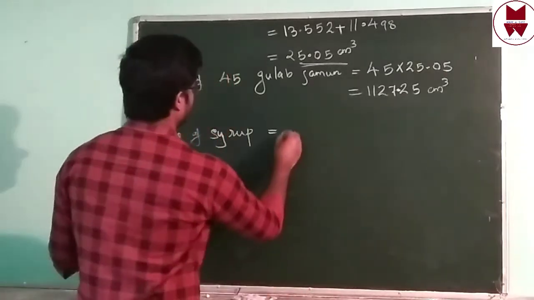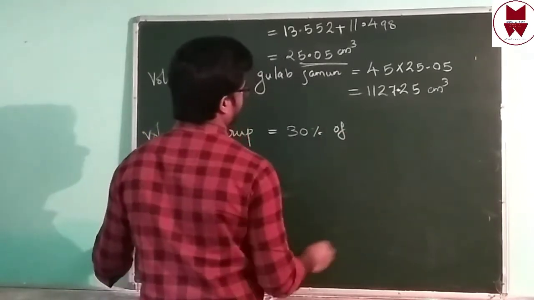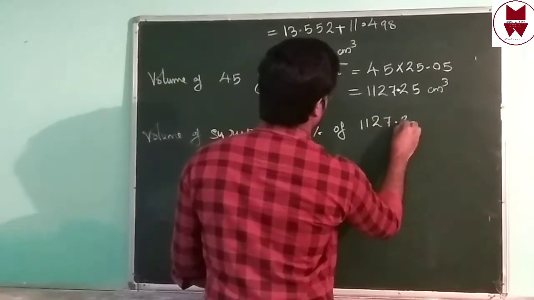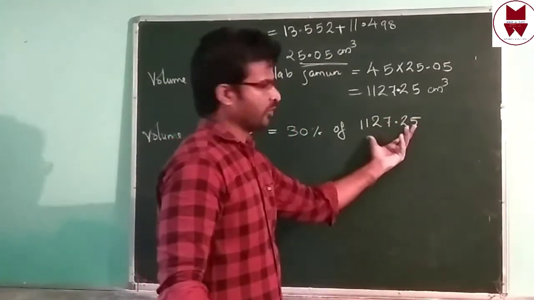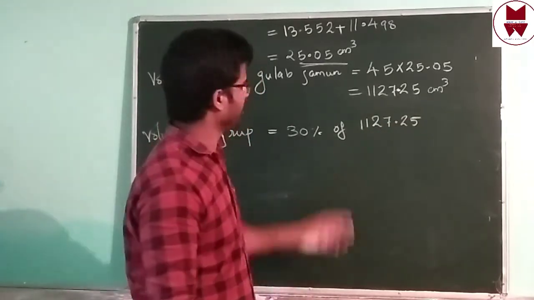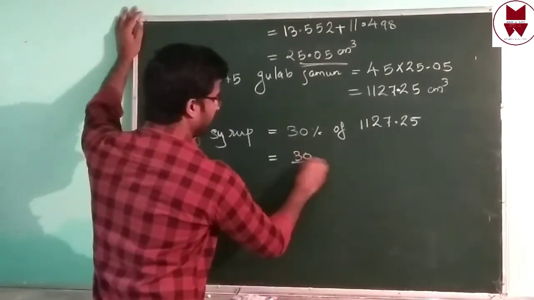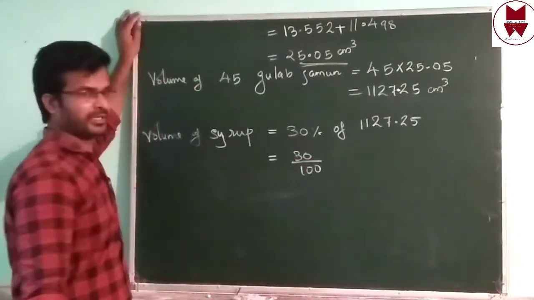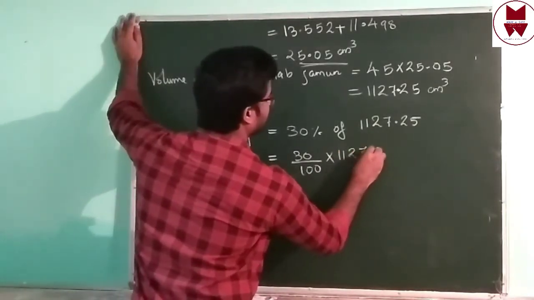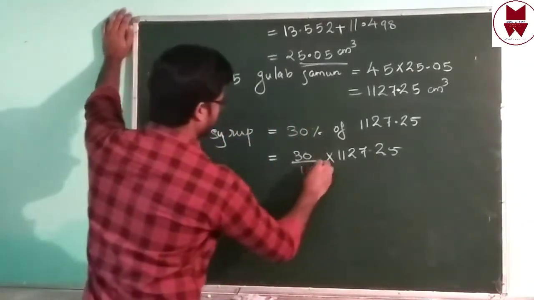Then we can write 30% of this 1127.25. This is the total volume of gulab jamun, isn't it? Then we can write 30% of total volume. 30% means we can write 30 divided by 100, into 1127.25. Then the 0 cancels.